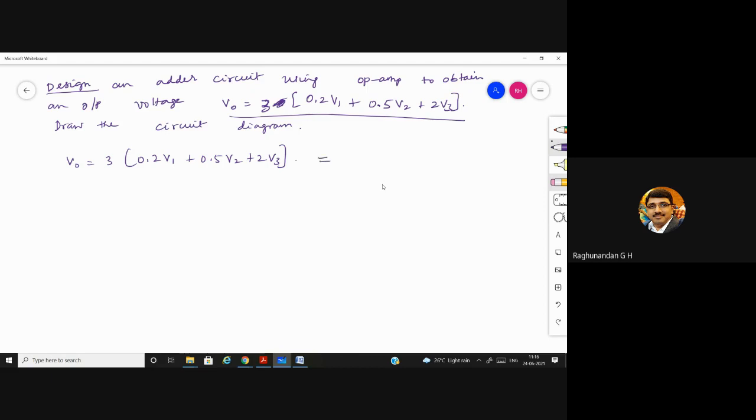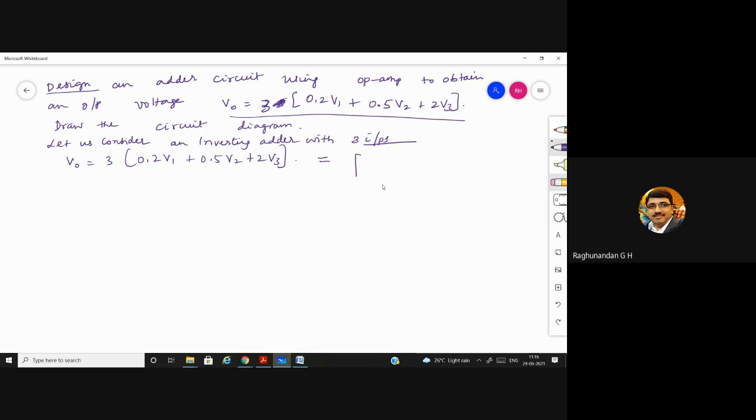So the standard equation for a 3-input inverting adder is, so first you need to write, let us consider an inverting adder with 3 inputs.